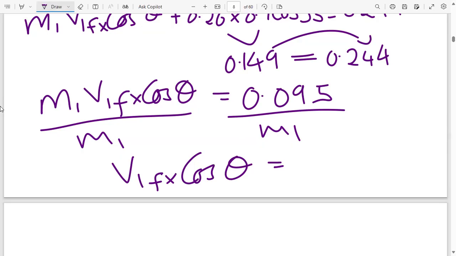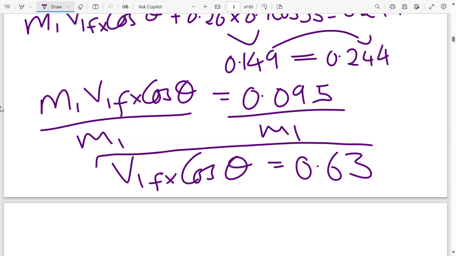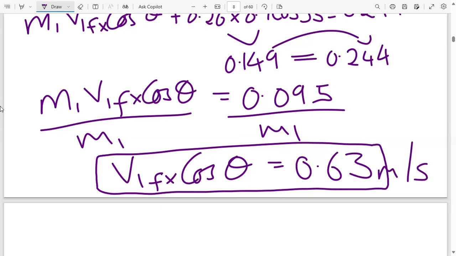And this is giving me 0.63 meters per second. So we have this equation from the x-axis. We can put the units here if we want, meters per second. Then we now go to the y-axis.